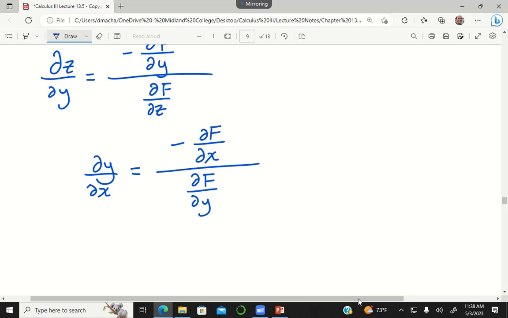And then if you wanted to take the partial of x with respect to y, you would just swap the positions of the x's and the y's. Or if you want to take partial of x with respect to z, you just look at the partial of z with respect to x, and then you would swap the positions of the x's and the z's.